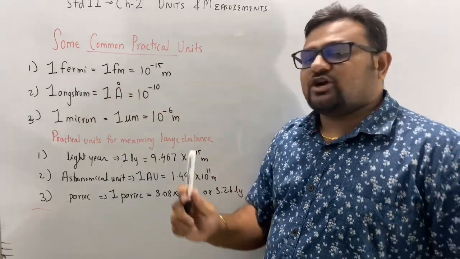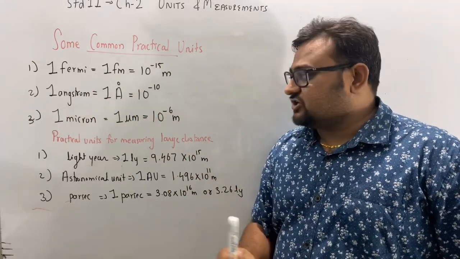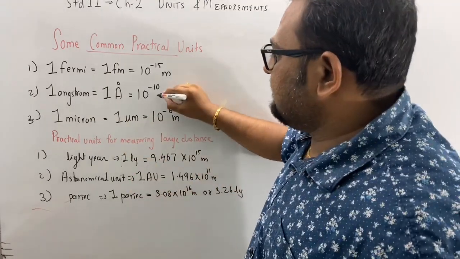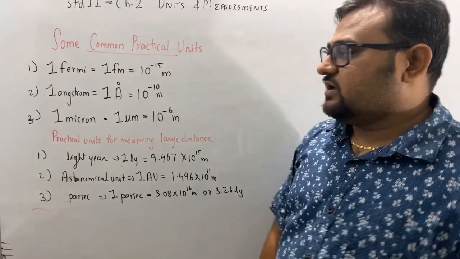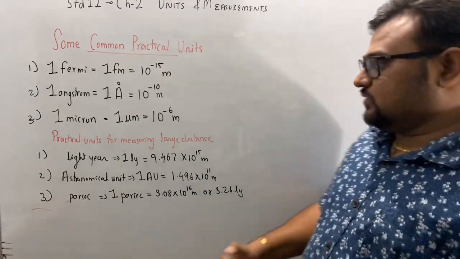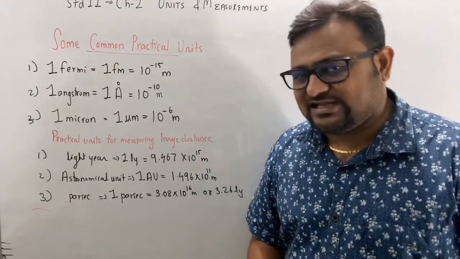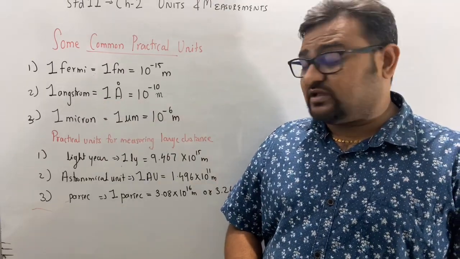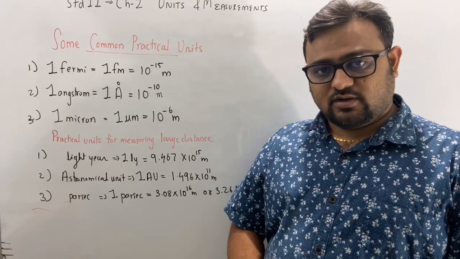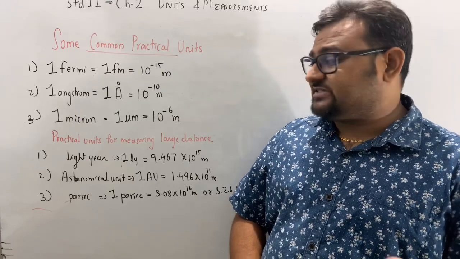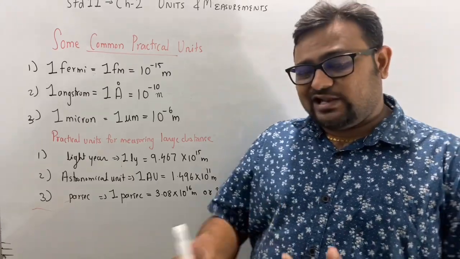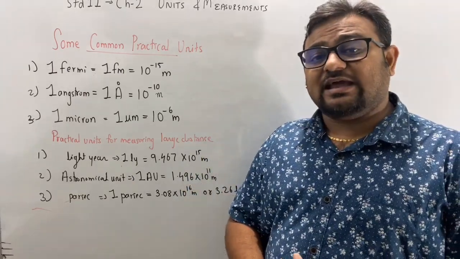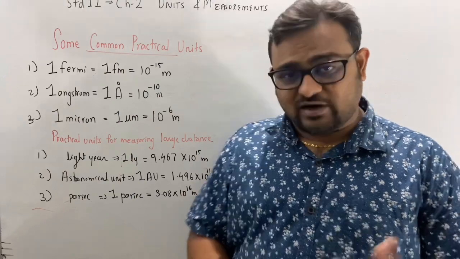1 angstrom is 10 raised to minus 10 meter. Generally when you are dealing with wavelength or very small distances, at that time you will use angstrom. There is one more thing, 1 nanometer, 1 nm, that is 10 raised to minus 9. So dealing with wavelength, we are using mostly nanometer and angstrom. What is wavelength?